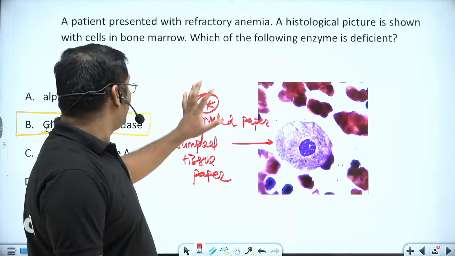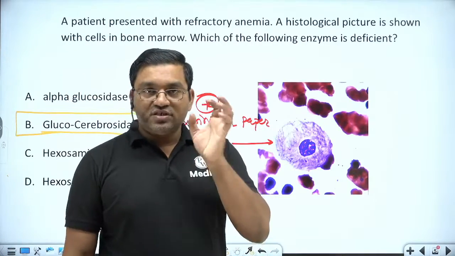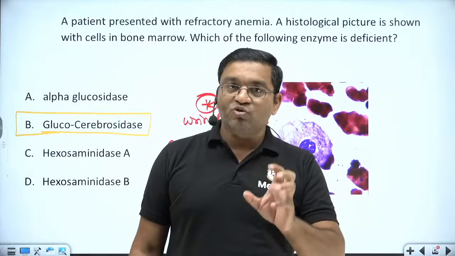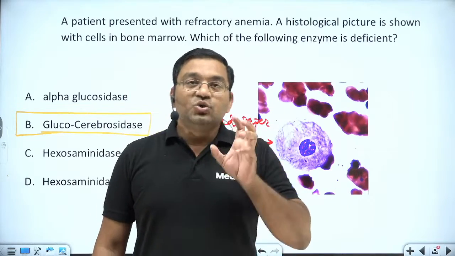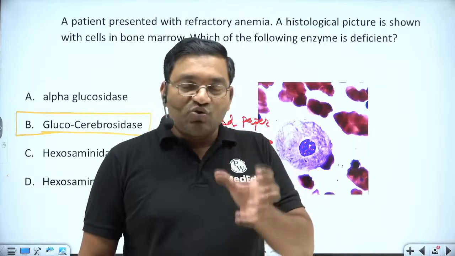So once again we will revise. Gaucher's disease is an autosomal recessive lysosomal storage disorder due to mutation in the hydrolases.